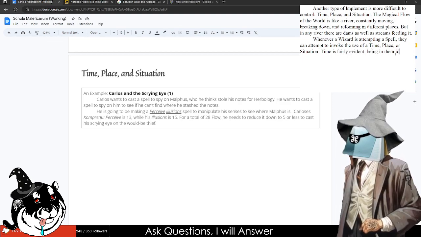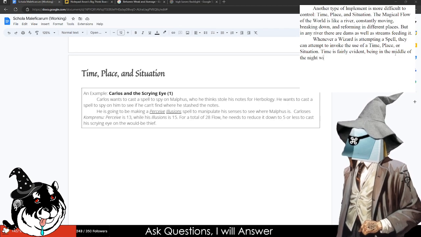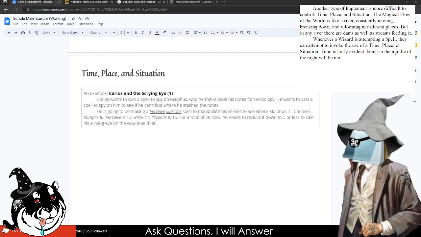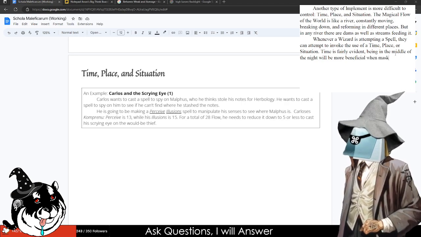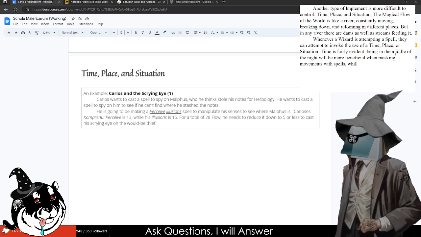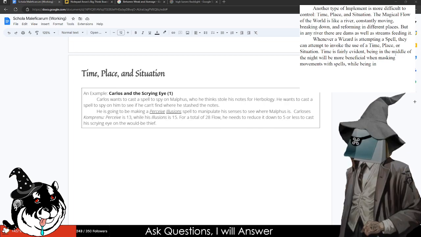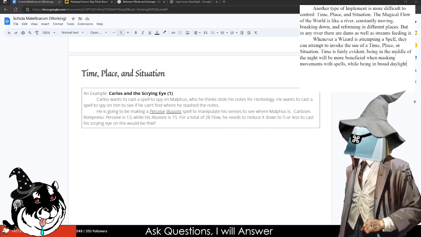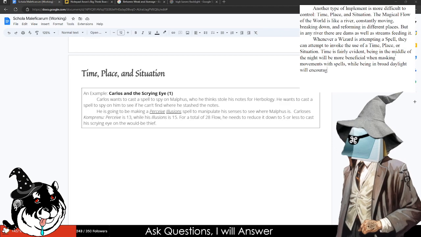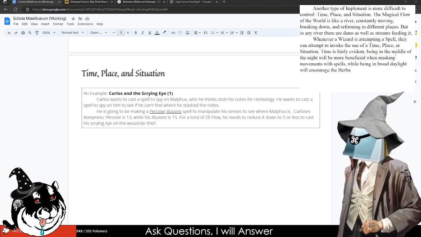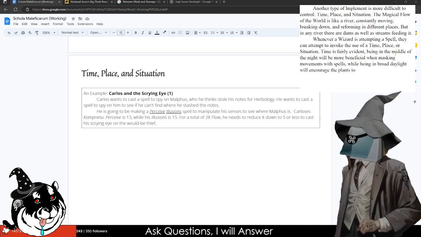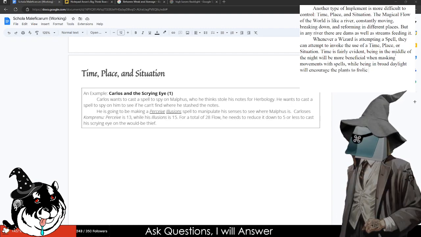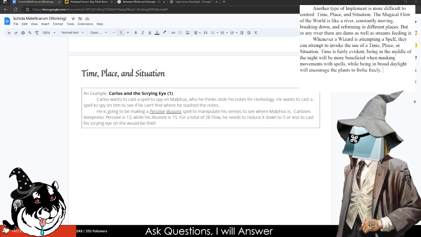Being in the middle of the night will be more beneficial when masking movements with spells, while being in broad daylight will encourage plants to frolic freely.